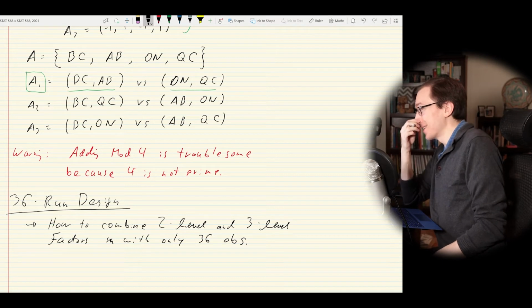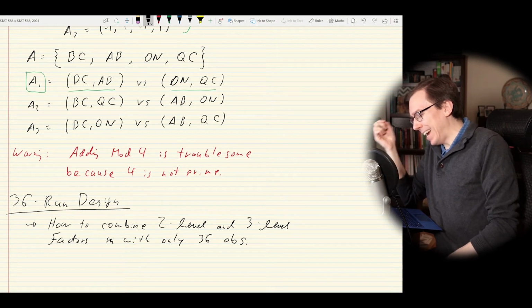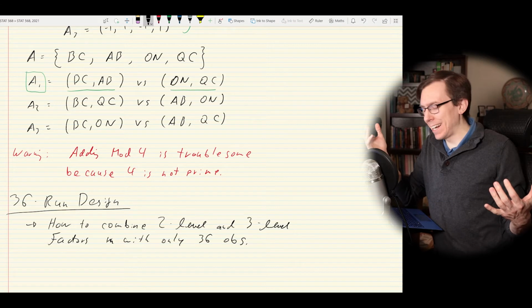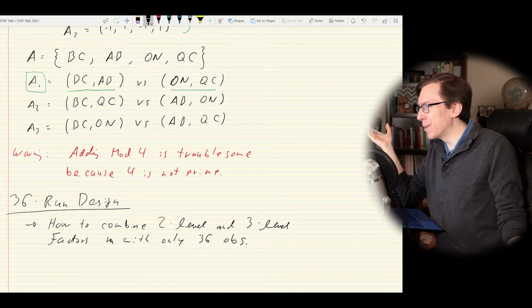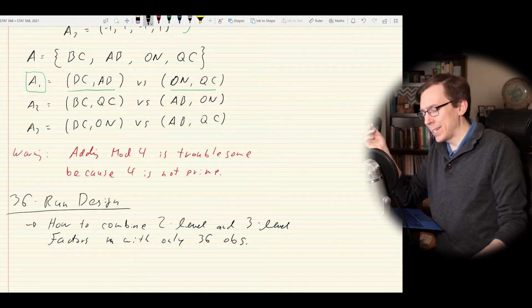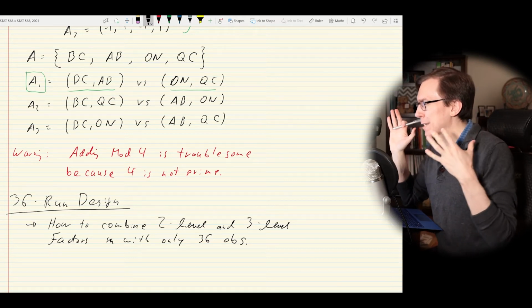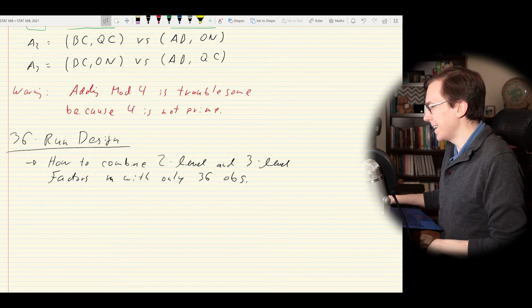36 is chosen because it's 4 times 9, so it's 2 times 2 times 3 times 3, and because it's a reasonably moderately sized sample. You can imagine, okay, 36, that seems like a good sample size. You could double that if you really wanted to and do a 72 run design, but for the sake of the explanation here, we're going to consider 36.